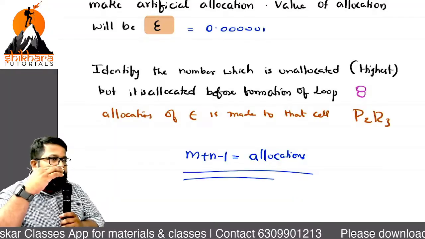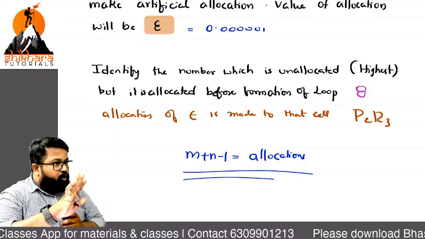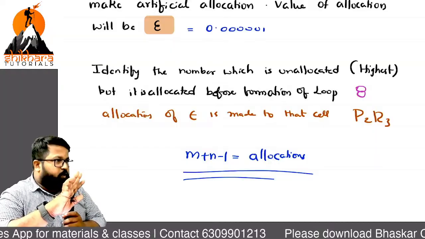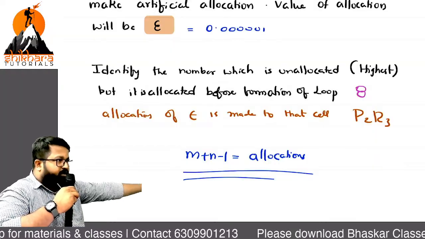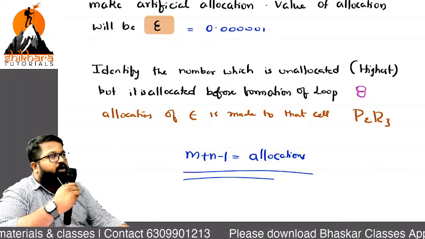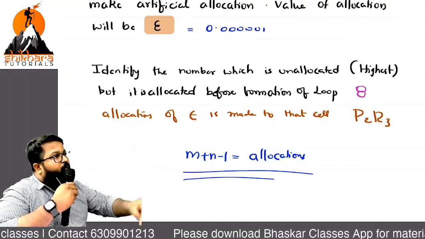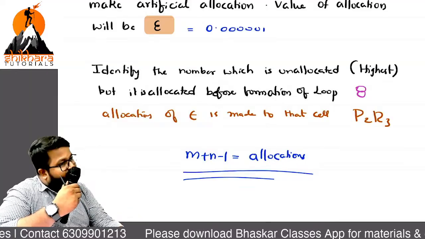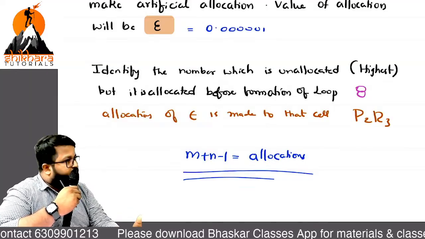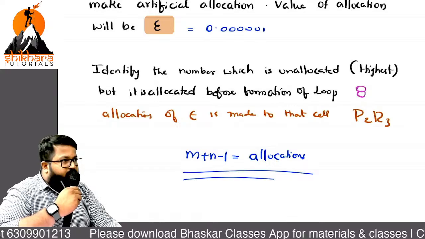The delta ij value you have to calculate again. You need not do it now, not required. After this process is done, we need to go again with the allocated and unallocated values. The two parts you have to repeat. Then you will definitely get a positive value.